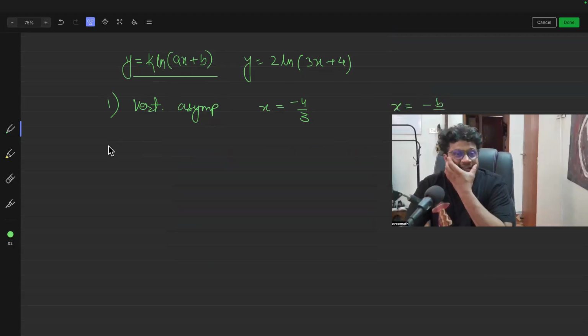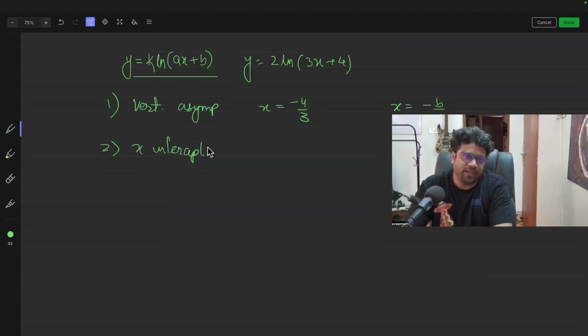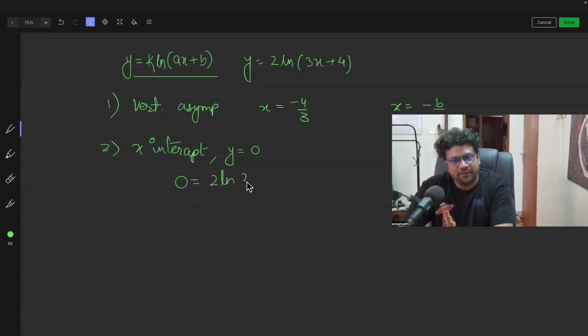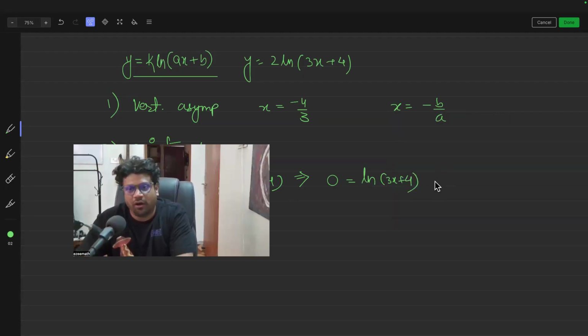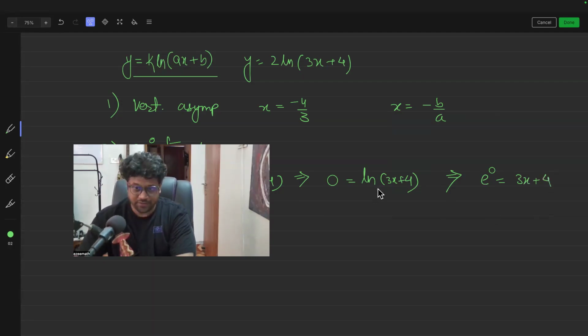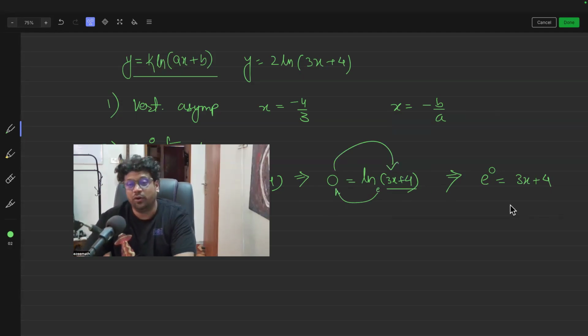Now let's look at the x-intercept. The x-intercept is always when y is 0. So we substitute 0. 0 equals 2 ln 3x plus 4. 0 divided by 2 is 0. 0 equals ln 3x plus 4. To get rid of the log, e to the power of 0 is 3x plus 4.